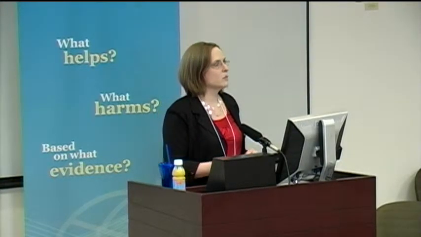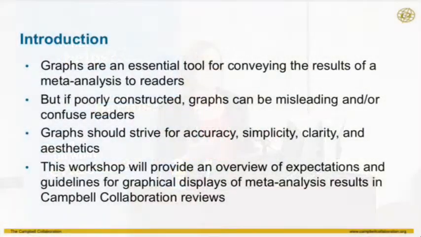So I think it's very important for us to think carefully and systematically about creating our graphs and creating them well, because that is what your readers will latch on to. If they're created well, your graphs can convey a lot of information. But if they're created poorly, they can confuse your readers, frustrate your readers, and even be misleading. And I think that's particularly important for us to keep in mind with meta-analyses.